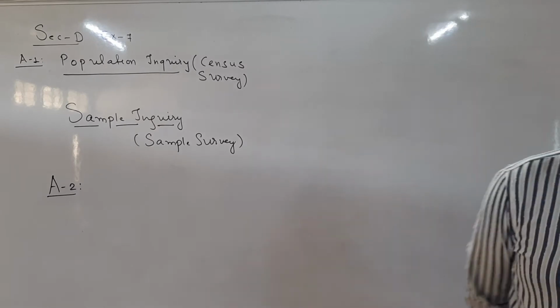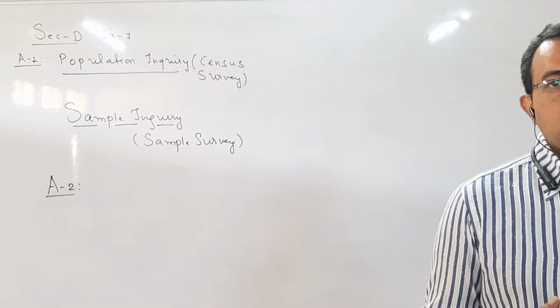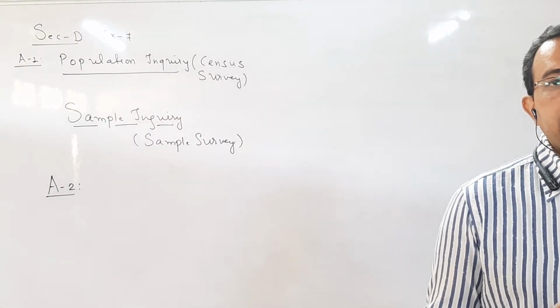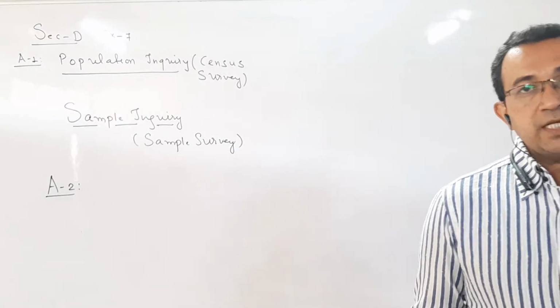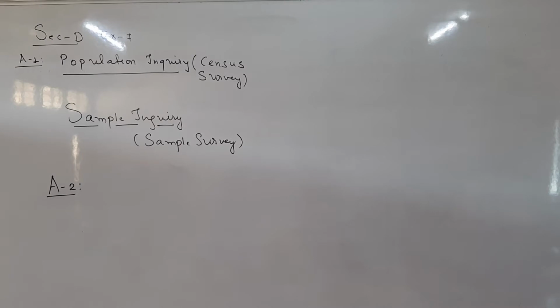Second point, population inquiry involves more time, money and energy. Sample inquiry involves less time, money and energy. Then, in population inquiry, there is more probability of making mistakes as a large number of units are to be studied.